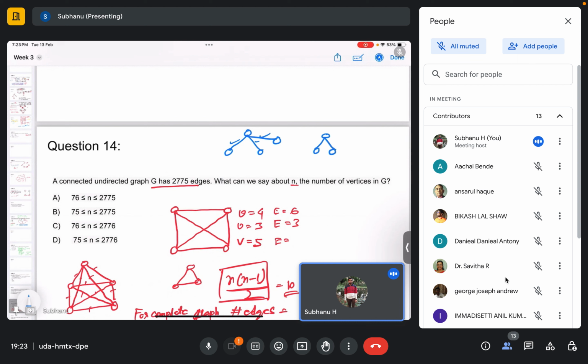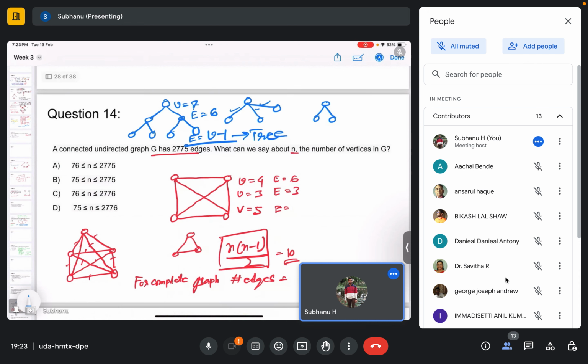It has 2 child, 3 nodes with 2 edges. Like you can see here, the node number is 7, but the edge number is 6. Got it? So for a tree, e is always equal to v minus 1. And what was it in the case of a complete graph? It was n into n minus 1 by 2.